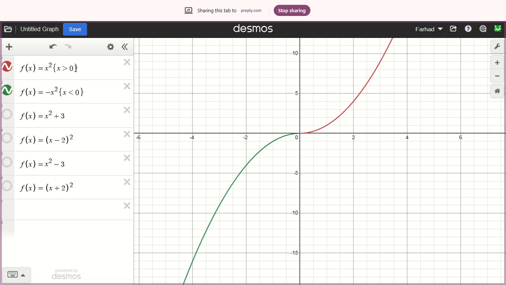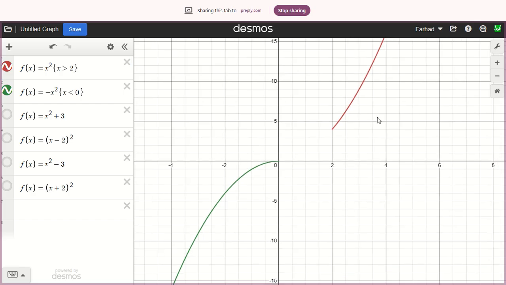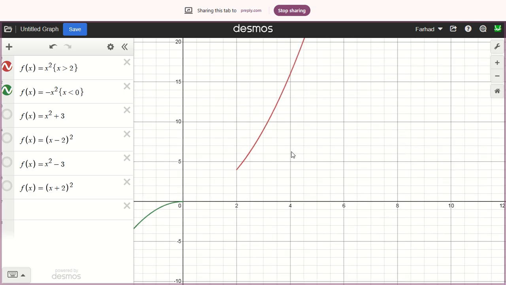But if we put here 2, then the graph will start from 2. That means the domain of the first one, the red one. So domain is the values of x, right? So the domain will start from 2, 2 to infinity.